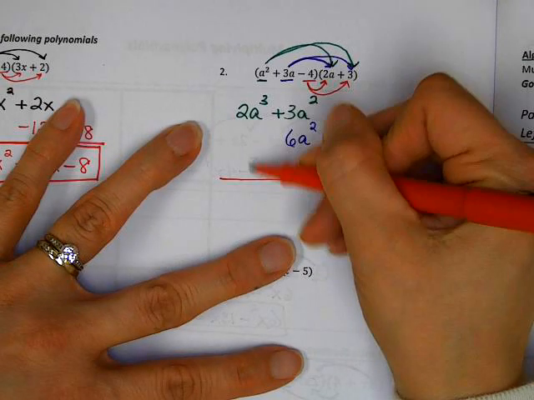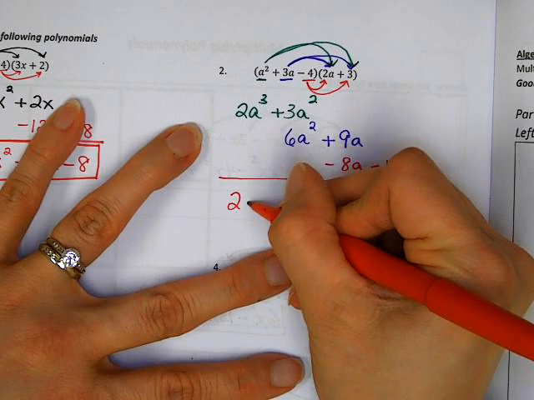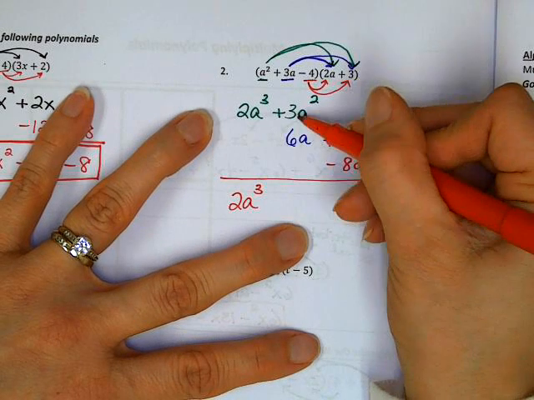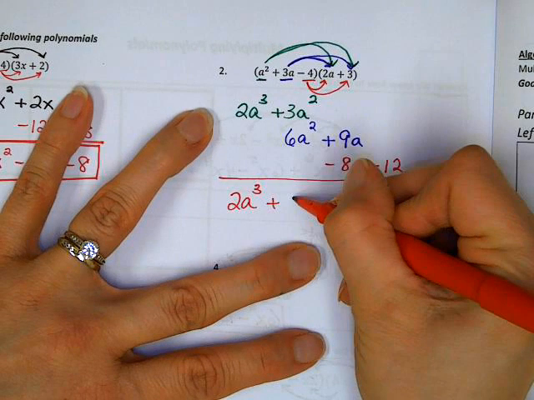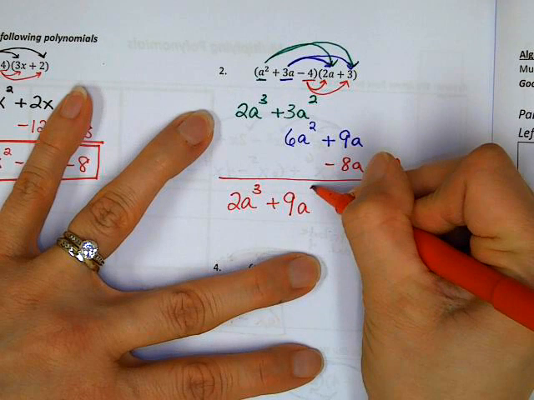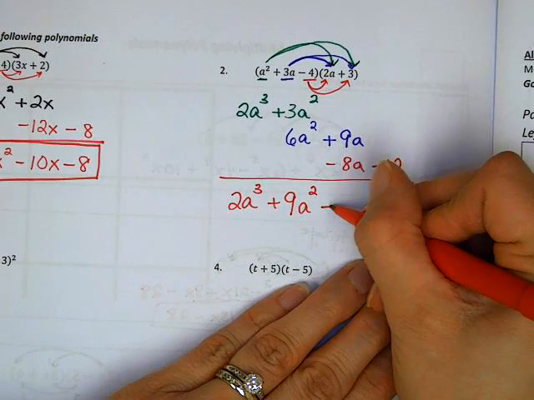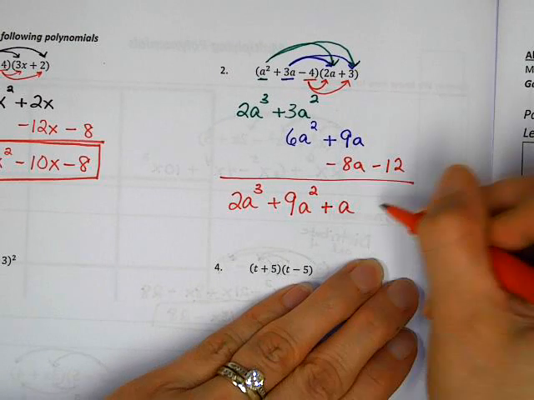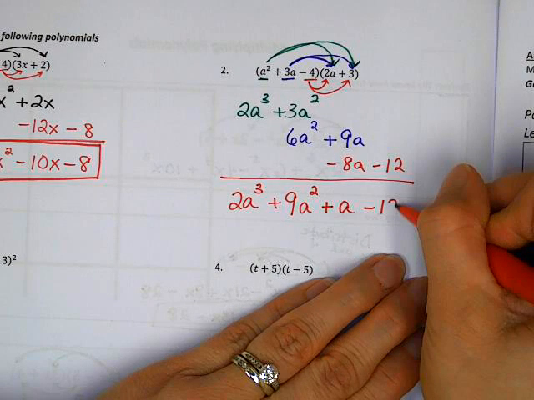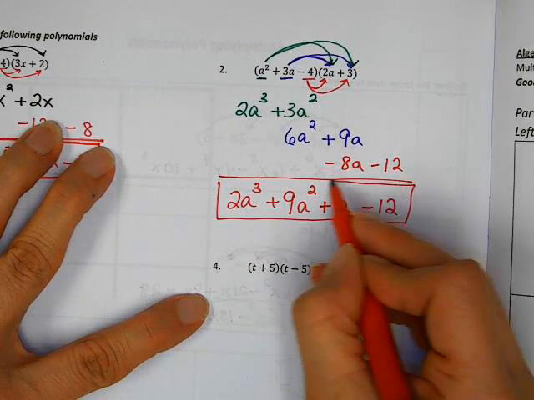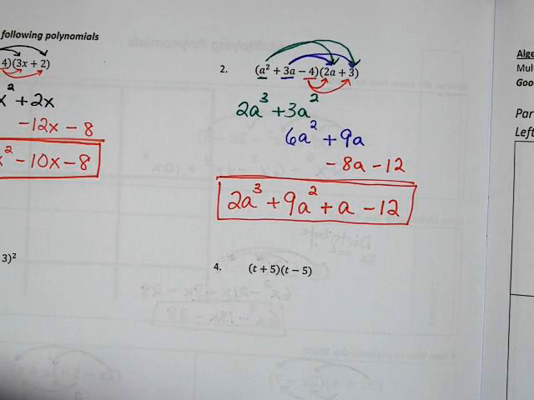How many a cubes do we have? 2a cubed. How many squareds? 3 plus 6 is +9a squared. I have 9a minus 8a, so that's plus 1a, or just plus a, and the constant is -12. So it's already in descending order, and the like terms have already been added.